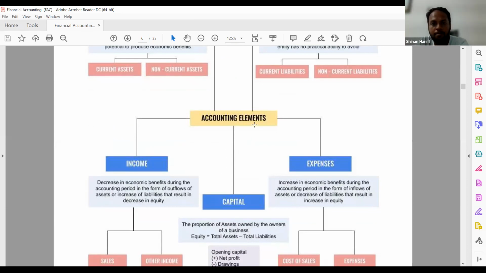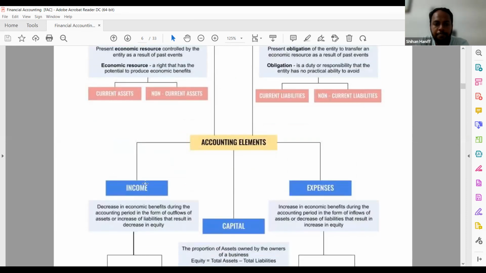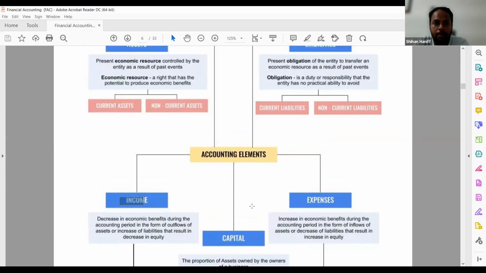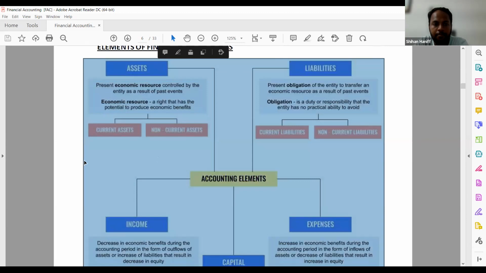So this is also called elements of financial statements. Assets, liabilities, income, expenses, and capital. Okay, so starting with assets.